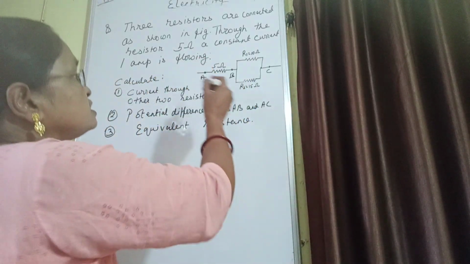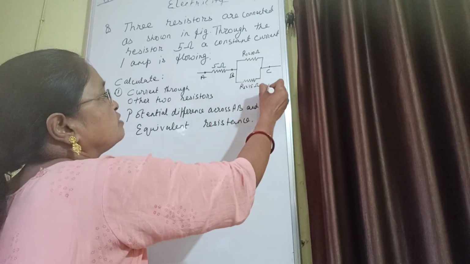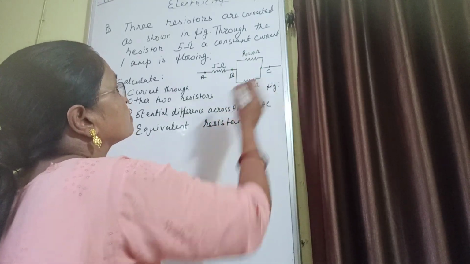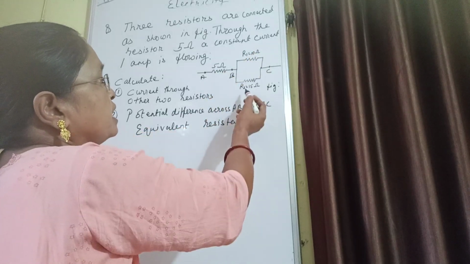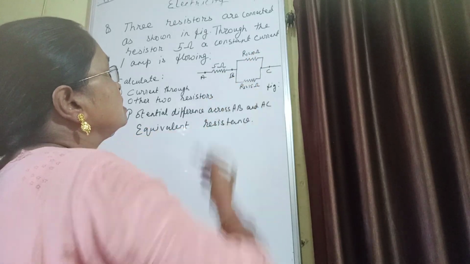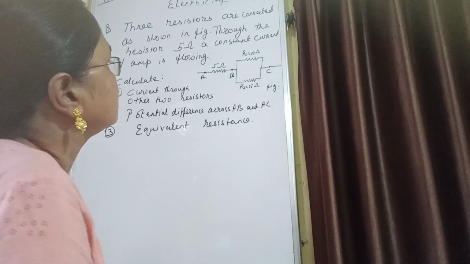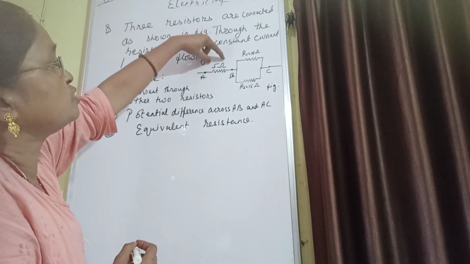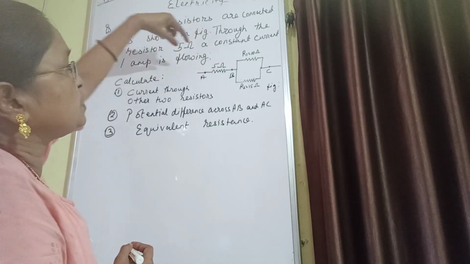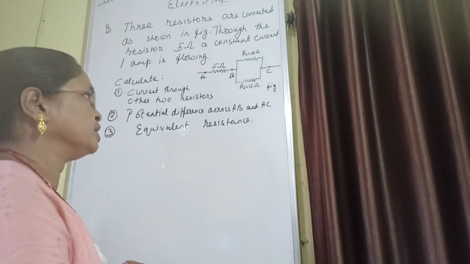This is our figure. 3 resistors 5 ohm, 10 ohm and 15 ohm are connected, and it is given that through the 5 ohm, 1 ampere of current is flowing.